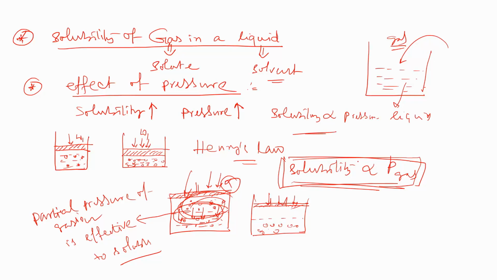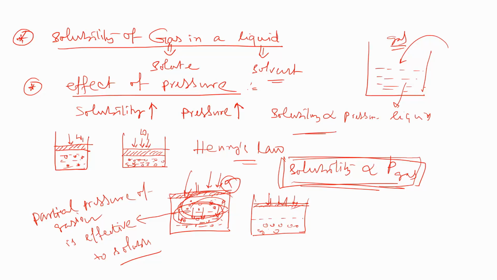So this is actually Henry's law, where we can say that the solubility is proportional to the partial pressure of the gas. The partial pressure means that whatever gaseous molecules are there, if they increase, then the partial pressure will increase. Suppose there are 5 gaseous molecules in one container, and in another container there are 10 gaseous molecules.